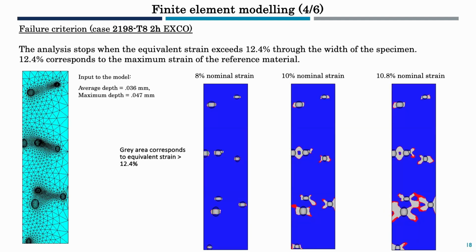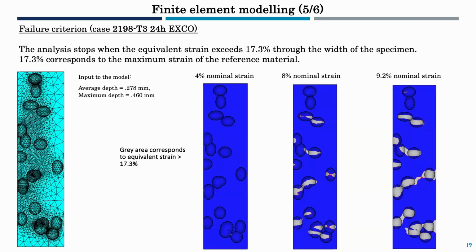This also goes for the 2198 T8 temper, again for 2 hours. Again, this is a random one. If you remember, for the previous T3 temper we had something like 16%, now we have only 10%. Just to address this.